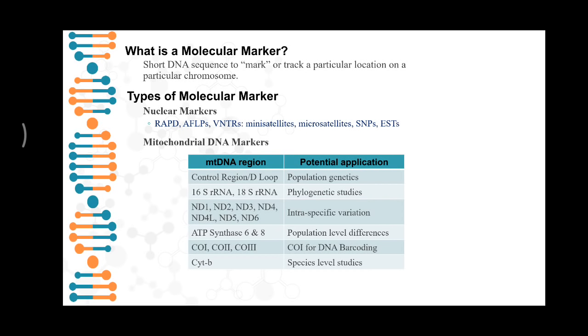So these are the types of markers being used to study the genetic identity.